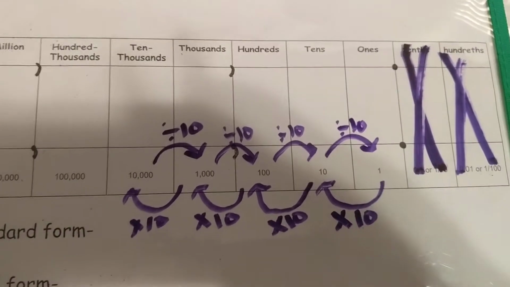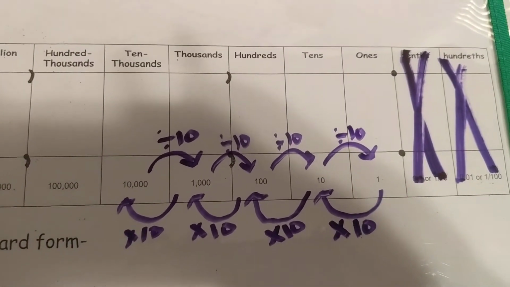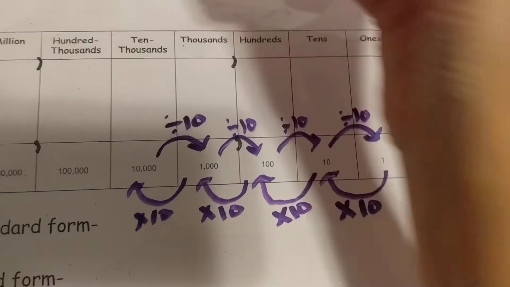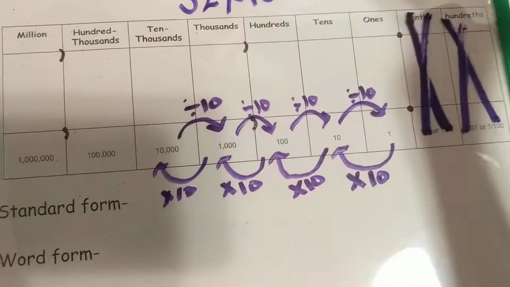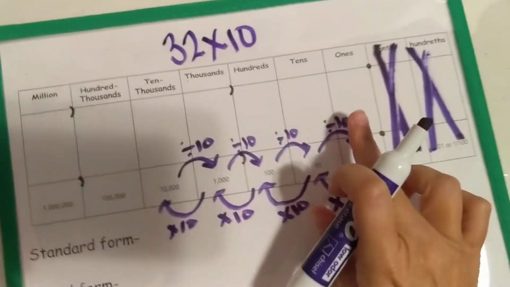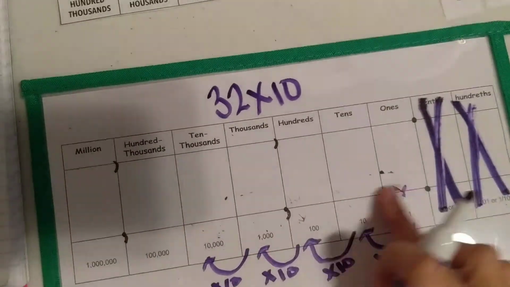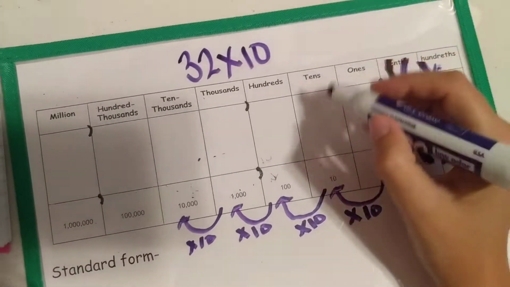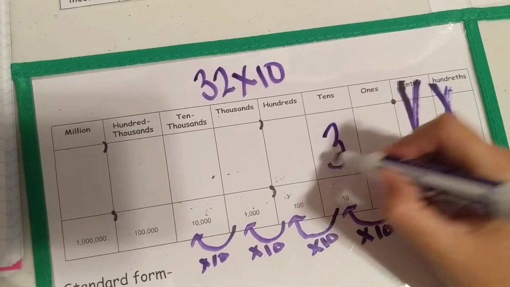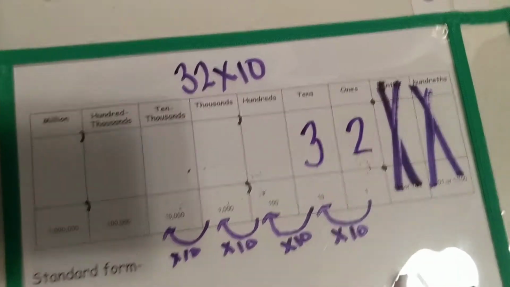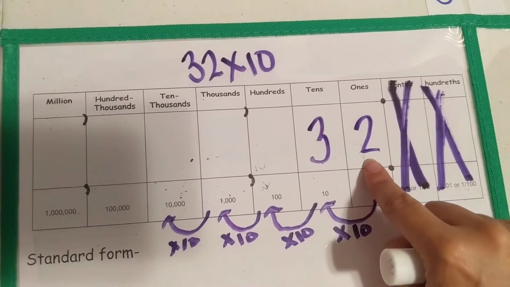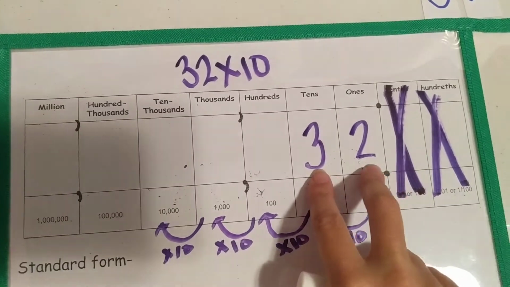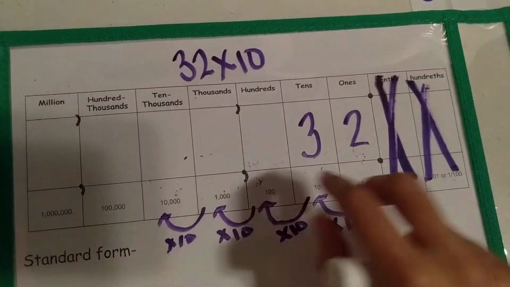So let's look at how this relates to multiplying by tens. Let's say we're going to do 32 times 10. Okay? All right, so let me erase this. And we're going to put 32 on our chart here. So in this case, we have 3 tens and 2 ones. So what we're doing when we're multiplying by 10, just like we talked here, we're shifting this over a place value.